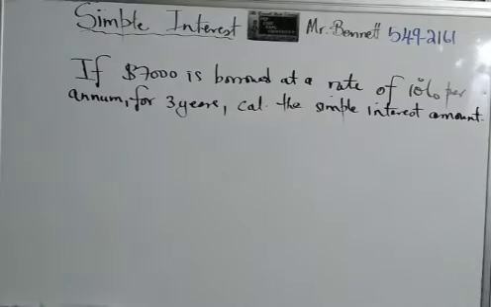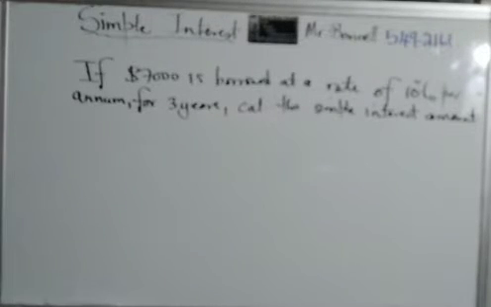Alright, so he says that if $7,000 is borrowed at a rate of 10%, so you're going to pay 10% interest, and it's for 3 years, and it says calculate the simple interest.